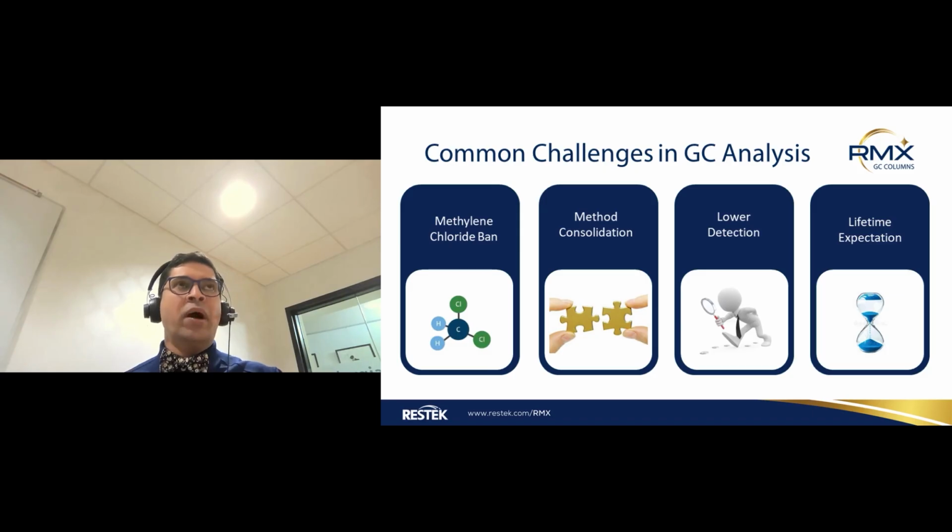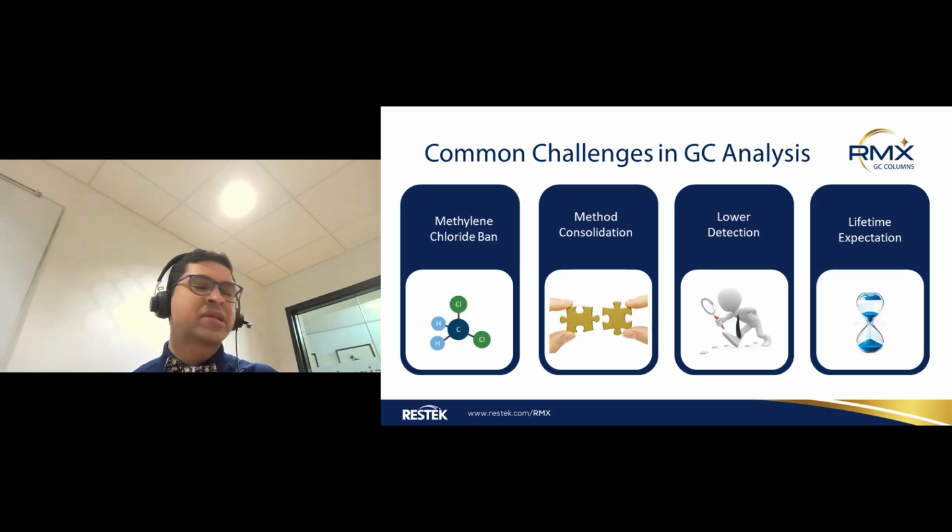The next big one, which I would also call an opportunity rather than a challenge, is method consolidation. 10 to 15 years ago, when you looked at methods, there were multiple methods for testing. Now people are trying to consolidate those methods so that with one or two tests, they can release their samples.